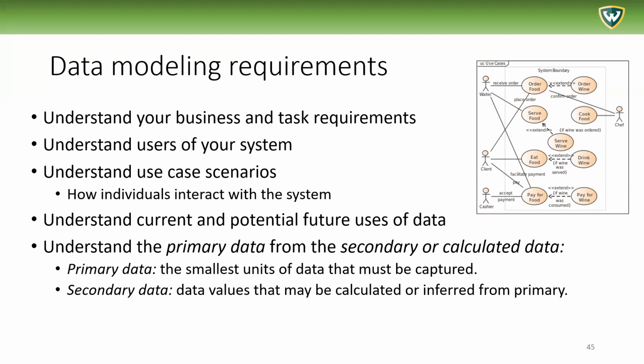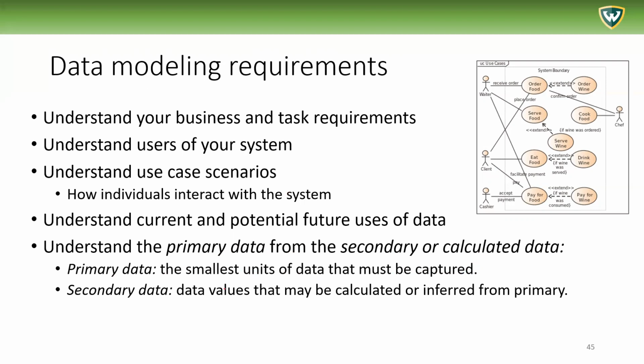You don't want to have to keep changing the structure of the database because it takes time and effort to create them. It's also important to understand the primary data versus the secondary or calculated data. So some information we need to capture directly from the user, from the application, or from the transaction.